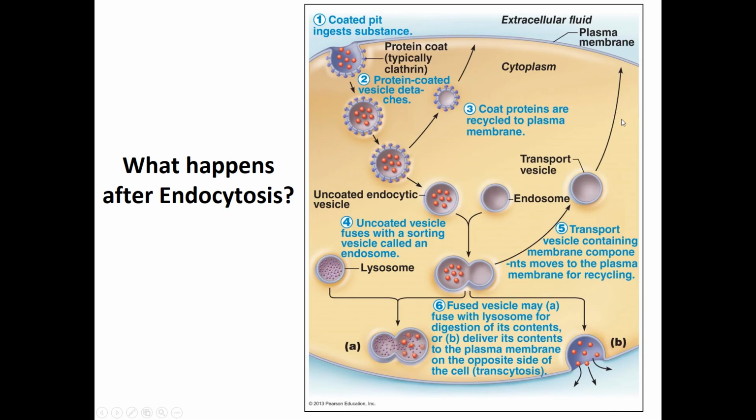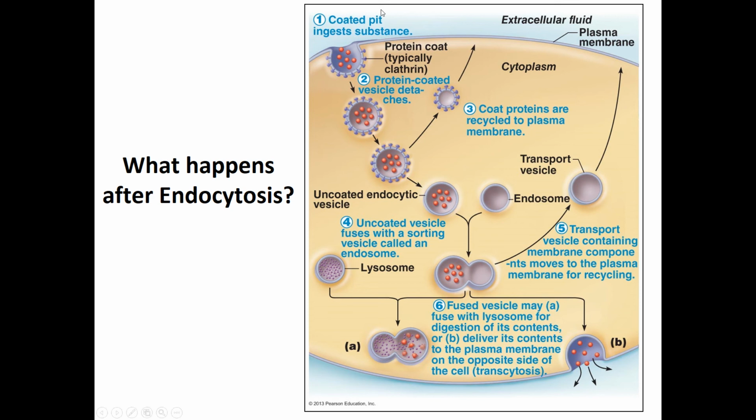As we move on then, we take another look at what happens after endocytosis occurs. The reason I put this slide here is because it actually does show you a clathrin-coated vesicle, much like what you would see in receptor-mediated endocytosis, but this combines the concepts that we see both following phagocytosis and receptor-mediated endocytosis.